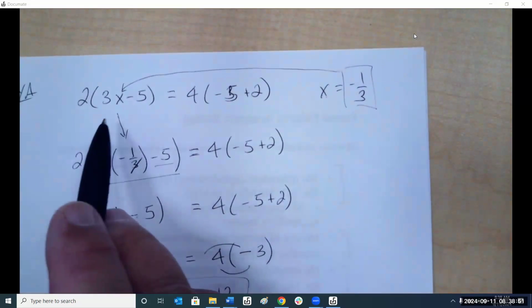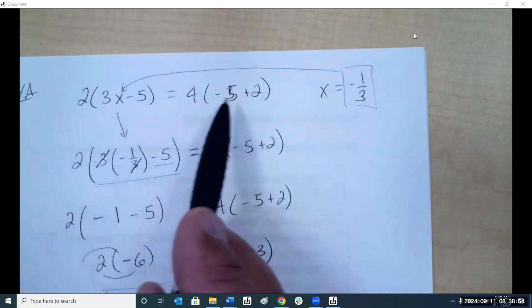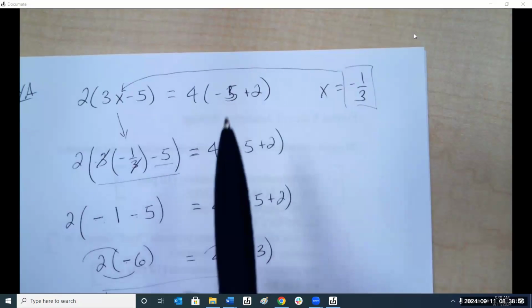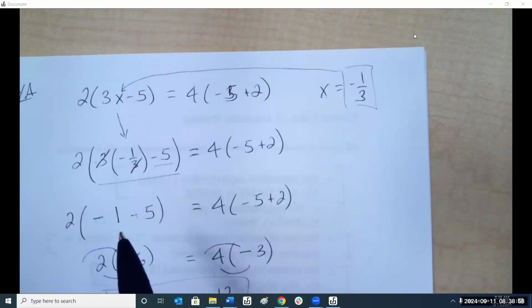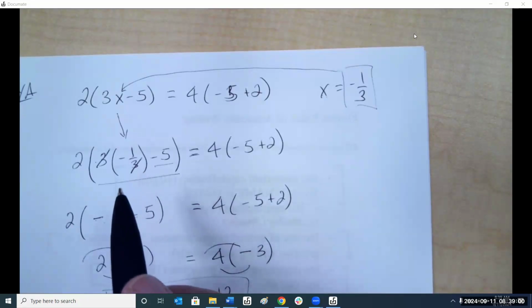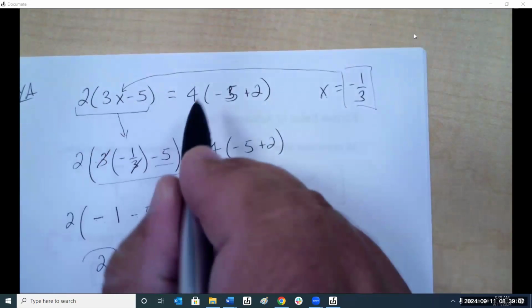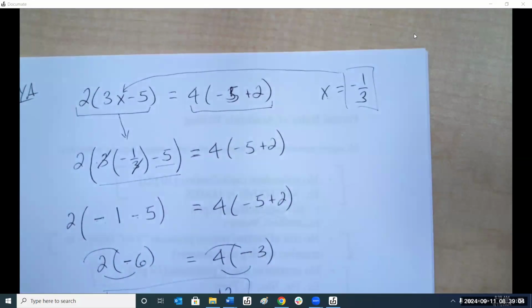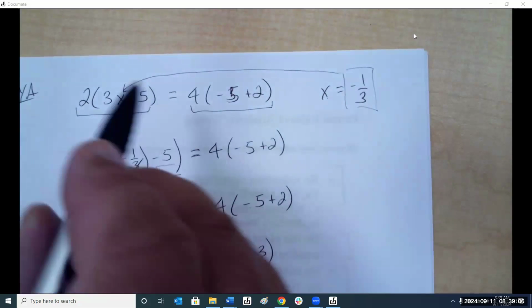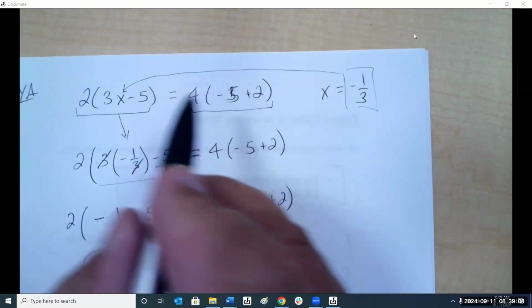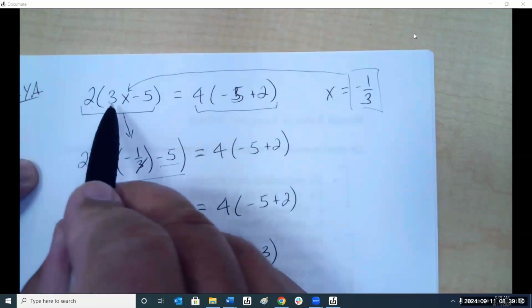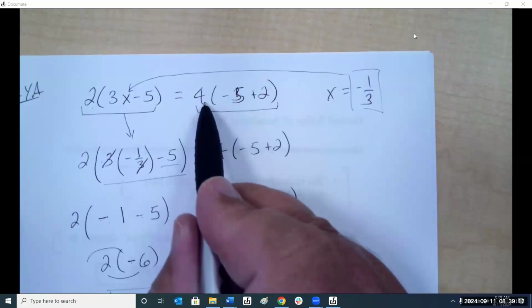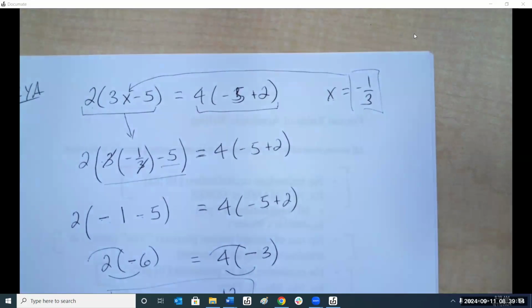For example, how many terms do we have here? 2, because the plus or minus is inside the parentheses. So this is one number. It's actually 2 times this number, and 4 times this number.